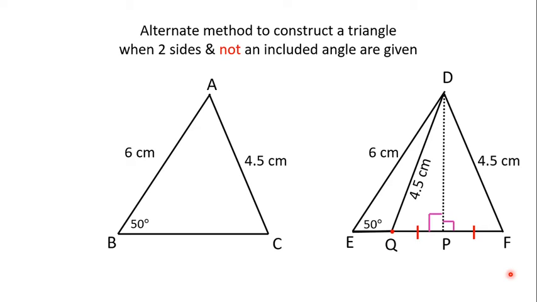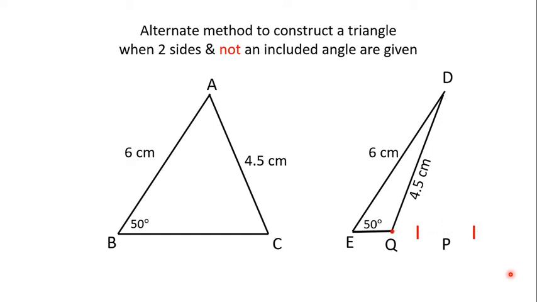Now let us try to dissolve some of the line segments and try to understand another important point. Now observe friends carefully the measurements of the two triangles. Here the measurements are 6 centimeter, 4.5 and 50.